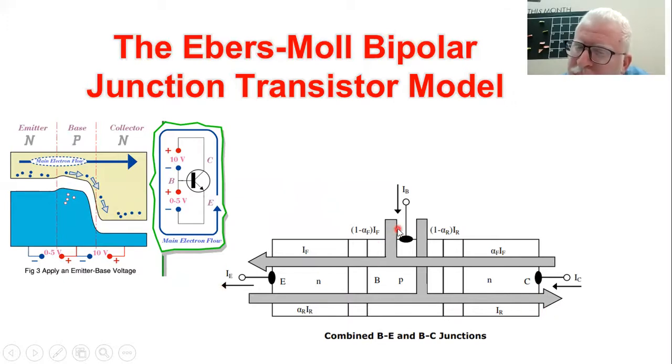So in the active mode, your current will be this one, which is a majority current due to either holes coming from the base or electrons coming from the emitter. When you have a minority current, then this will be the bottom arrow, which is a current going to the collector, which is outside the active mode equation.